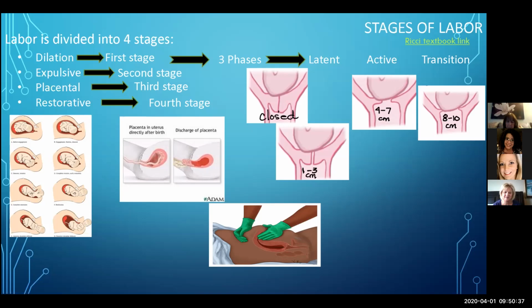And she'll use the breathing and relaxation techniques during this time. So she's really having to work through these contractions, breathing through them, whereas before she was just kind of breathing normally. Now she has to concentrate.